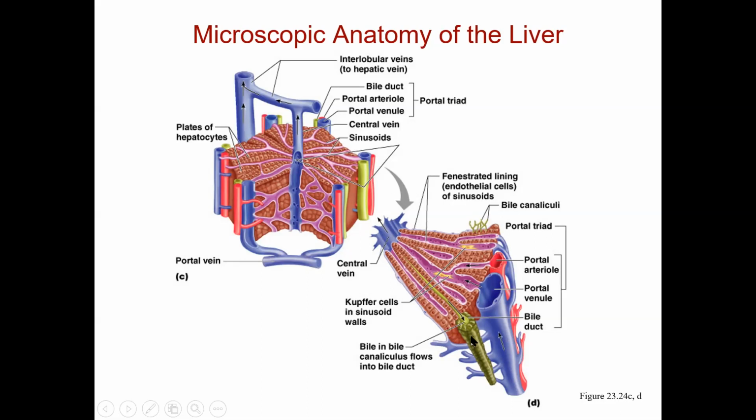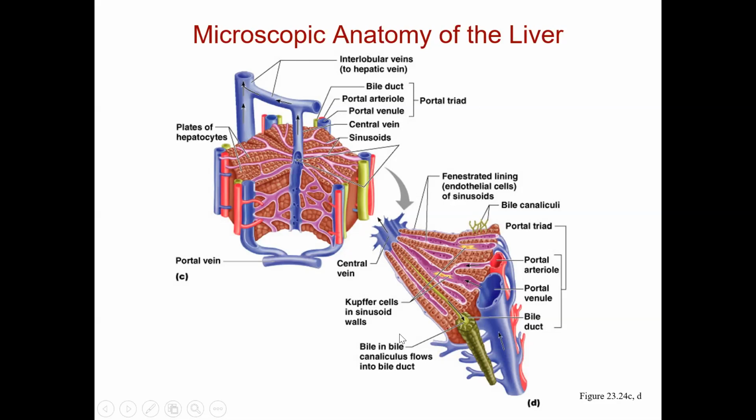Okay, so what is the function of the bile duct? It is to collect the bile made by hepatic cells. So all these liver cells can make bile, and the bile will be collected into a small tubular structure called a canaliculus, bile canaliculus.